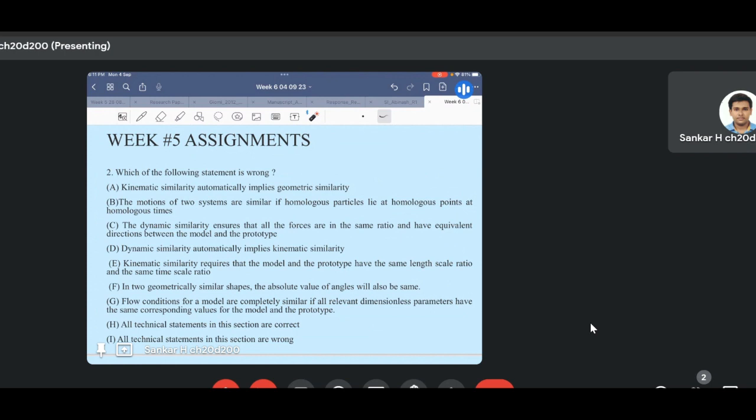Option C, dynamic similarity ensures that all the forces are in the same ratio and have equivalent directions between the model and the prototype. Option D, dynamic similarity automatically implies kinematic similarity. Option E, kinematic similarity requires that the model and the prototype have the same length scale and the same time scale ratio. Option F, in two geometrically similar shapes, the absolute value of the angle will also be the same.